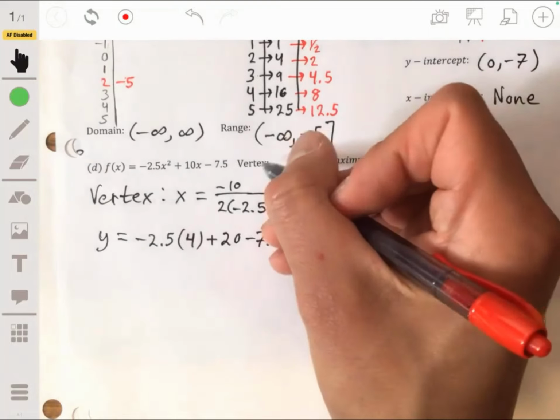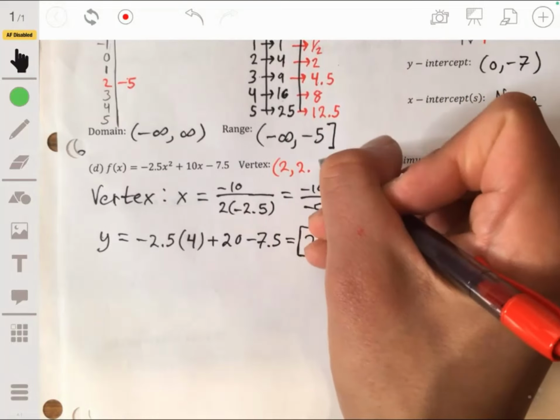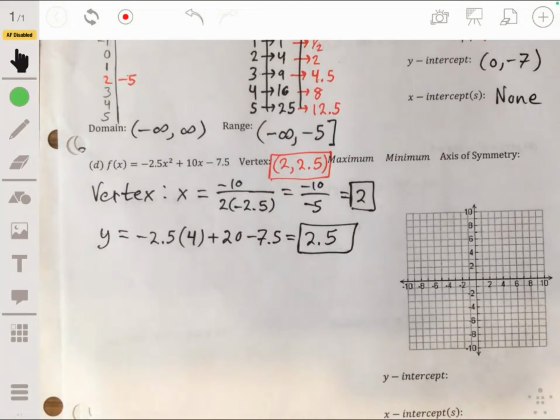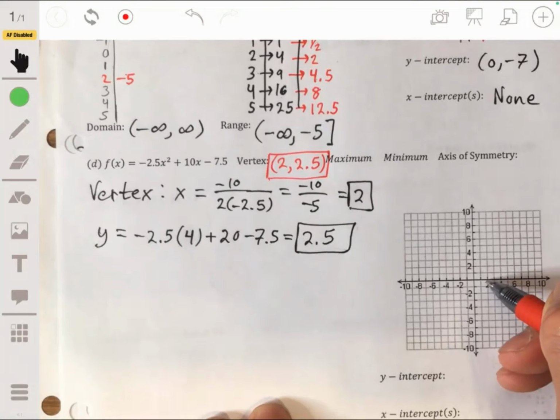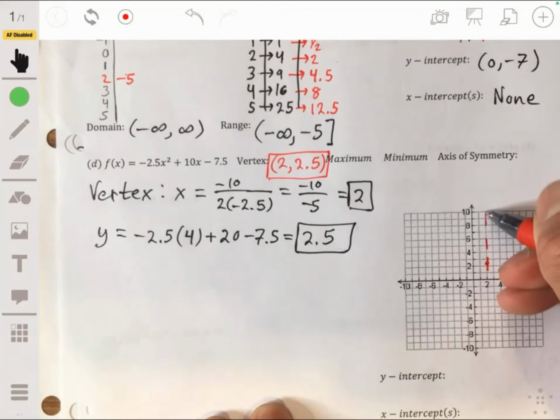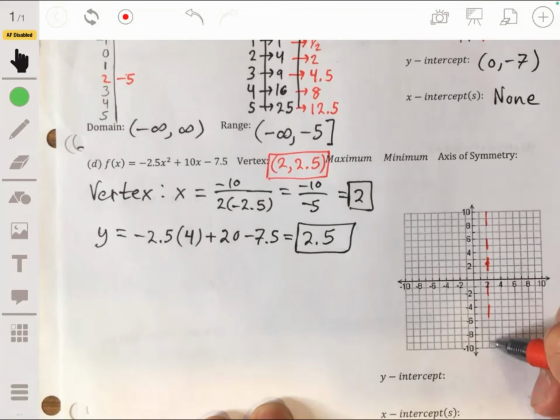So the vertex will be at 2, 2.5. So plugging that in, 2, 2.5, right there. Line of symmetry will be this. So the line x equals 2.